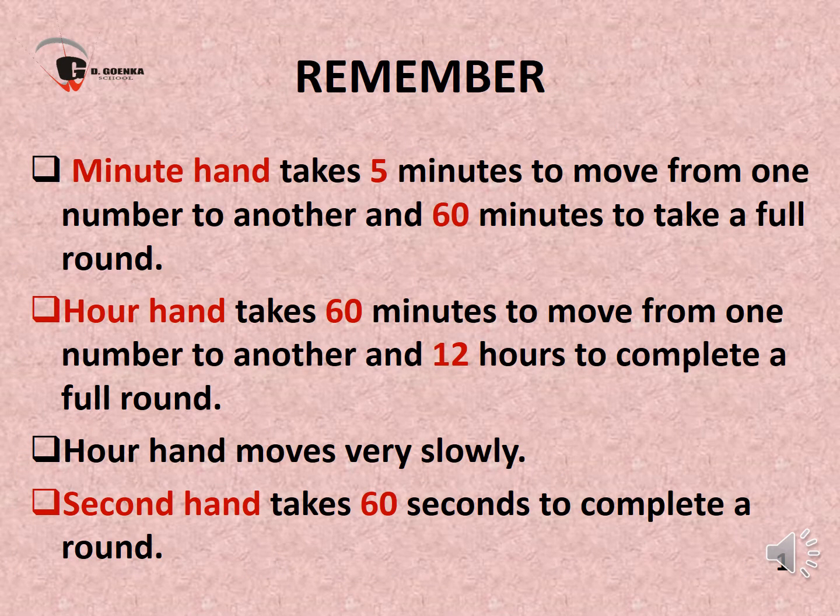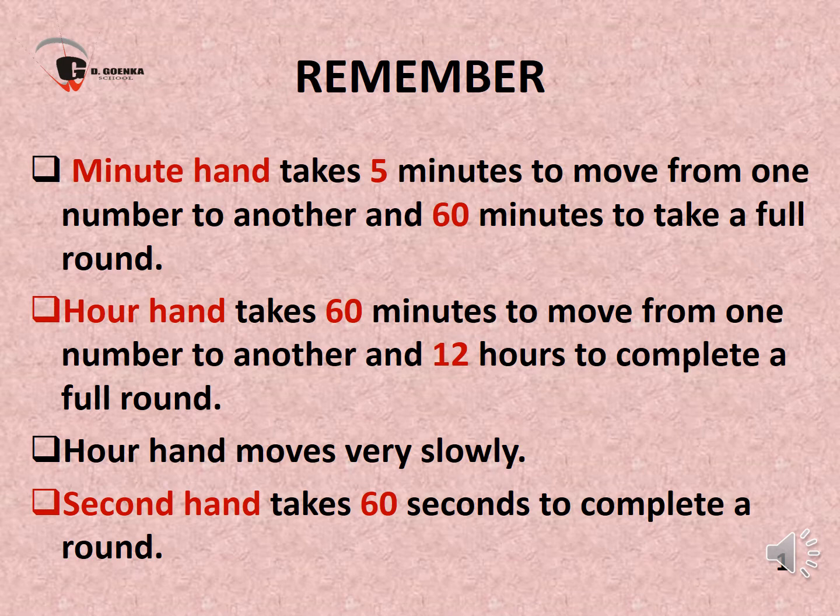Always remember, dear students, that a minute hand takes 5 minutes to move from one number to another and 60 minutes to take a full round. For example, if a minute hand is moving from number 1 to number 2, it will take 5 minutes to reach number 2.